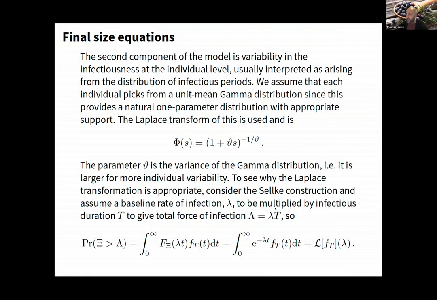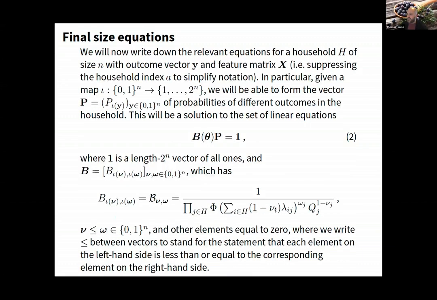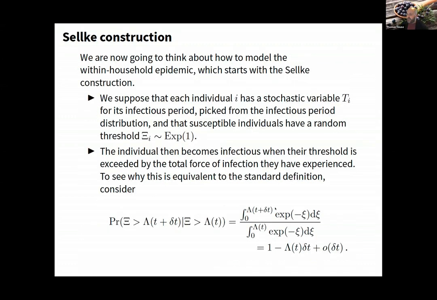I guess it's worth saying a little bit. Basically, this Sellke construction lets you deal with the equations as a non-Markov chain. I said Bailey came up with these spectral methods. This is in a way the generalization of that to something where it doesn't have to be Markov, right? So we give each individual an arbitrarily distributed stochastic variable for its infectious period, and then each person picks from an exponential one what their resistance to infection is going to be.